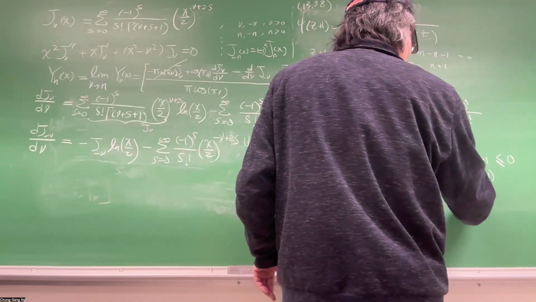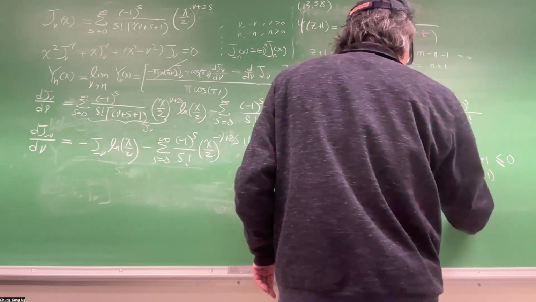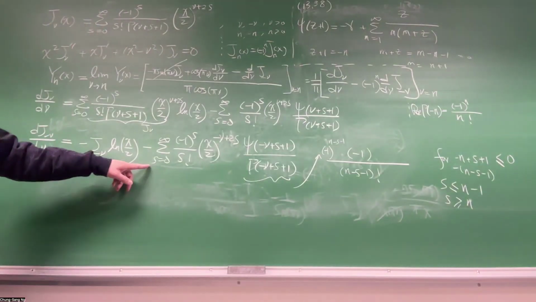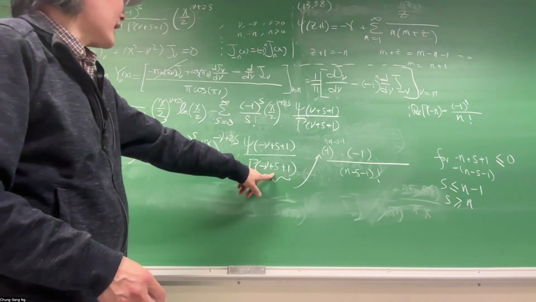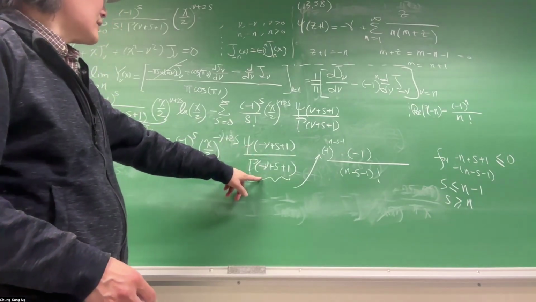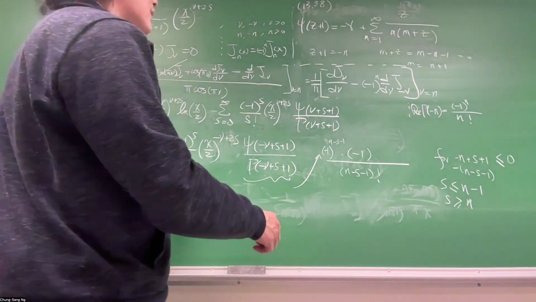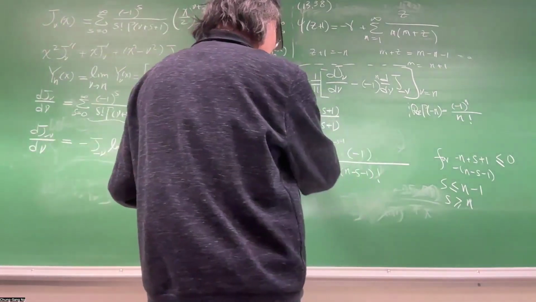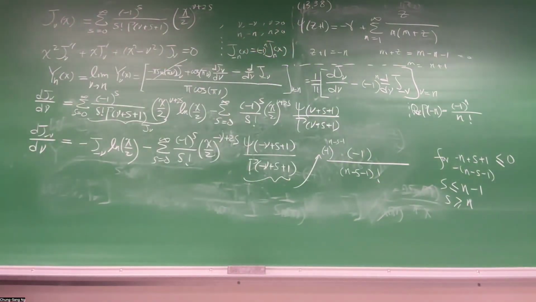For s greater than or equal to n, everything is regular because psi and gamma at those s are regular. Okay, and so we have two terms. One is when these are singular, and then you get the ratio using the ratio of the residue.